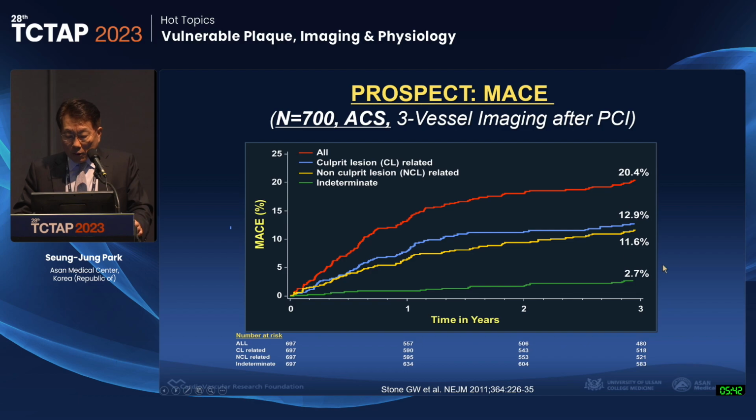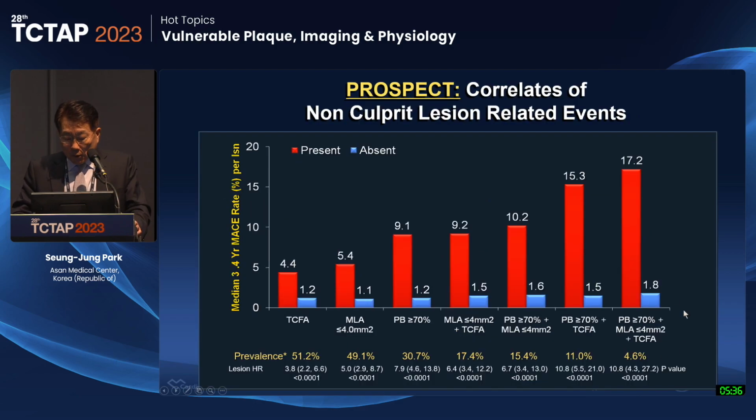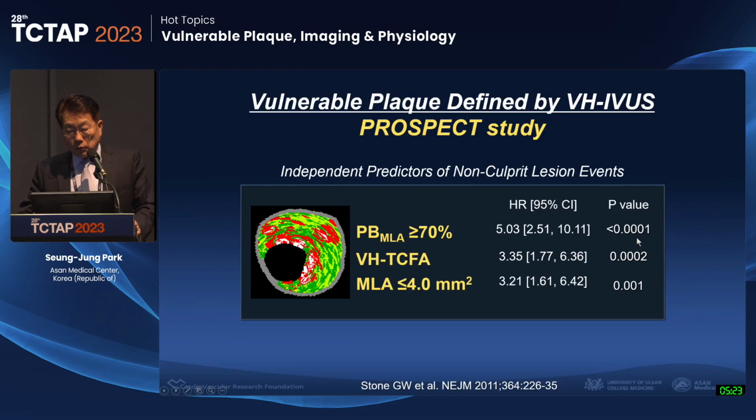The event rate of non-culprit and culprit lesions is quite similar in acute coronary syndrome. In some conditions, such as higher plaque burden, more than 70%, minimal lumen area smaller than 4 millimeter squared, and presence of TCFA, there is a clearly higher event rate during the follow-up period.